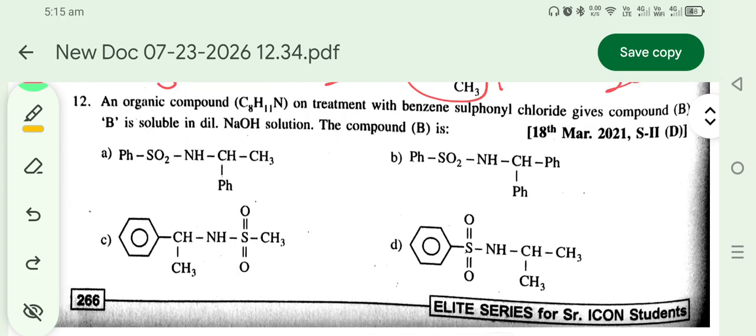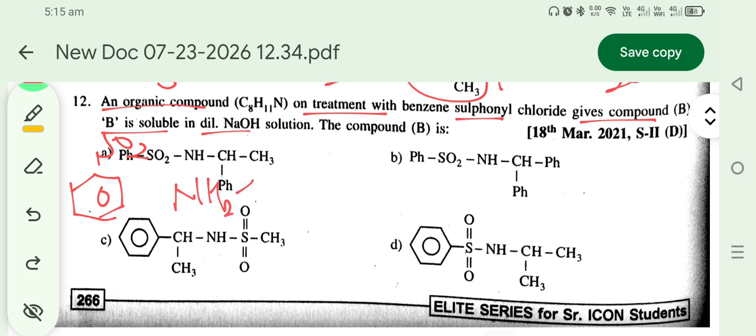An organic compound on treatment with benzene sulfonyl chloride gives B. B is soluble in dilute NaOH. The reaction is with benzene sulfonyl chloride and primary amines.